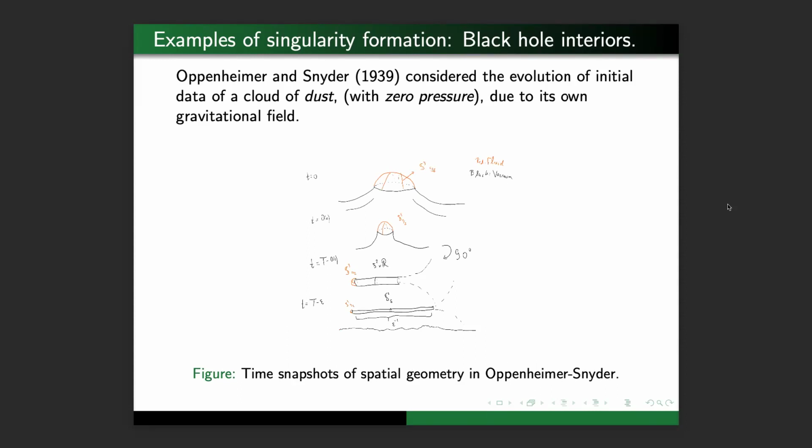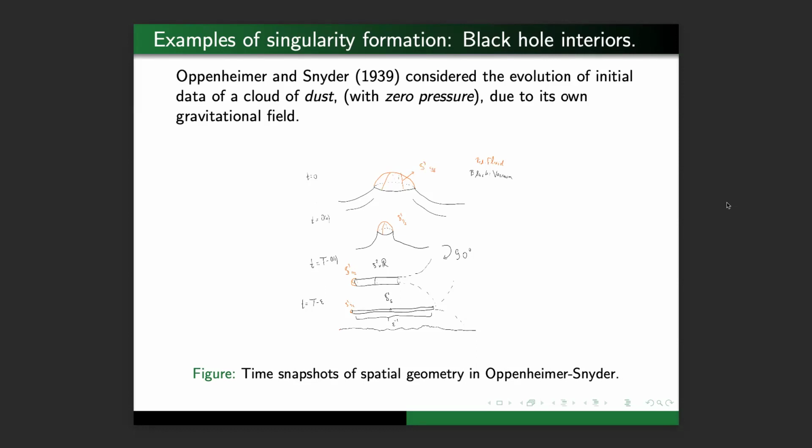The initial condition of Oppenheimer and Snyder was a portion of a Schwarzschild exterior, which contains vacuum, which joins up with the support of the fluid. And the support of the fluid is on a spherical cap, a region inside S3.